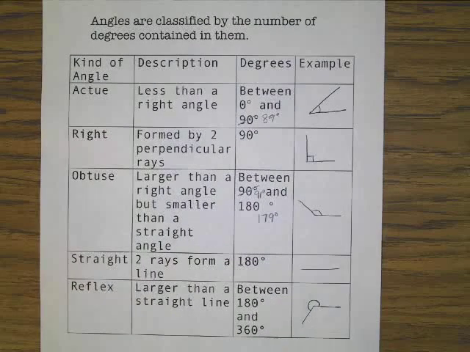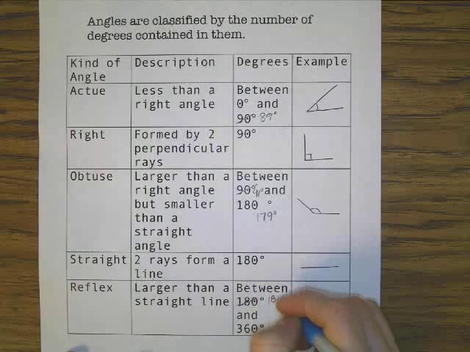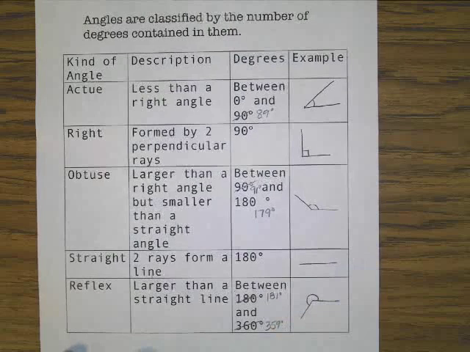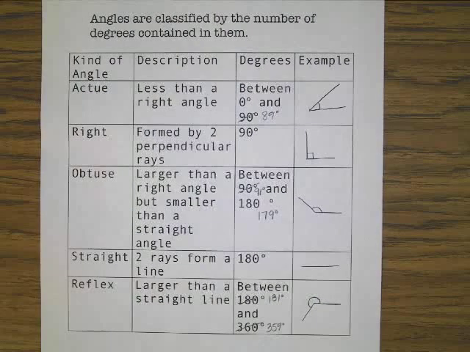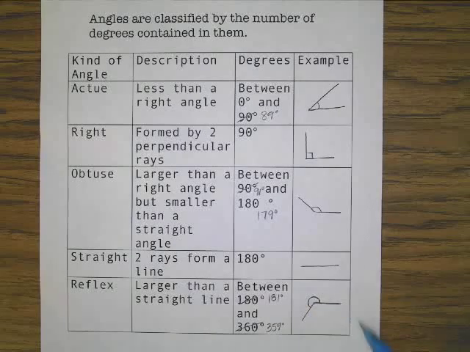So its degrees are going to fall between 181 and 359. Because if it gets to 360, it would no longer be an angle, it would be a circle. And here's a reflex angle. And a reflex angle goes below the straight line.